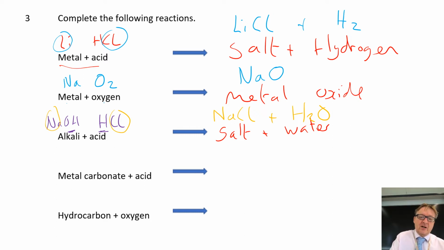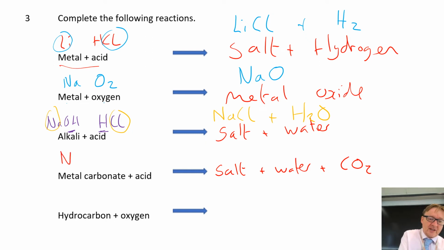A metal carbonate and an acid. I make 3 things on this: a salt plus water plus carbon dioxide. So if I've got a metal carbonate, I'm going to go NaCO3 plus HCl. I keep on using hydrochloric acid.